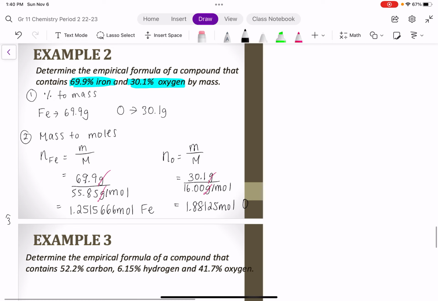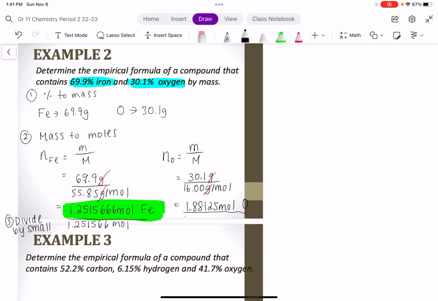Third step, divide by small. So the smallest mole amount in this case is iron. Here I'm trying to figure out what the lowest ratio is, so that's why I'm dividing by small. When I divide my iron by itself, obviously we are going to get 1.